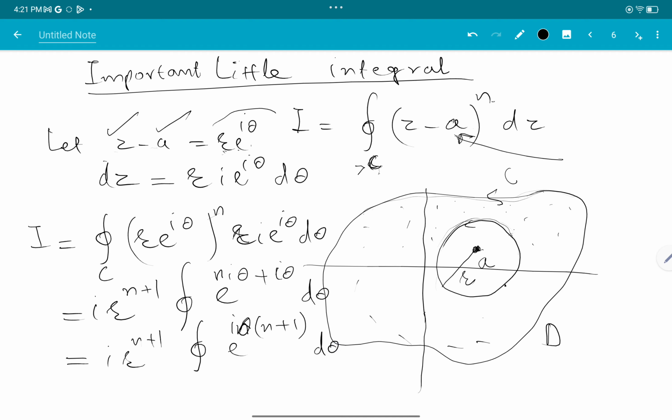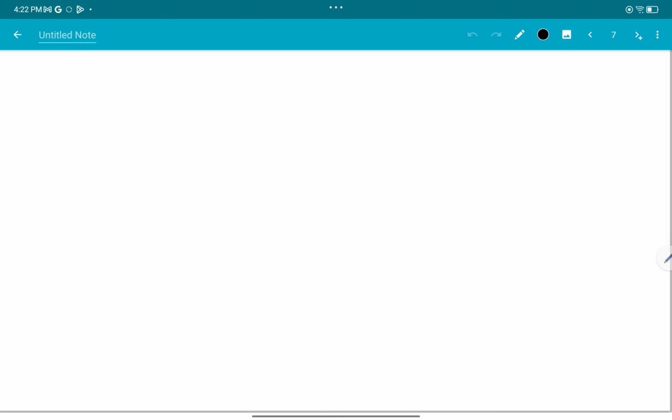Proceeding further, we have I r raised to n plus 1, and when we integrate this, it will be e raised to i theta (n plus 1) divided by i (n plus 1). Let's go back once more.